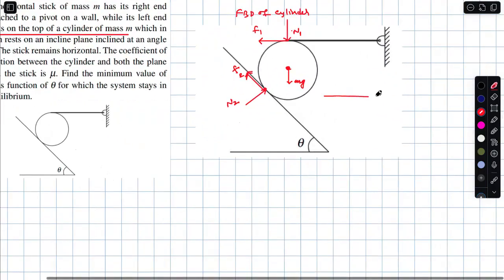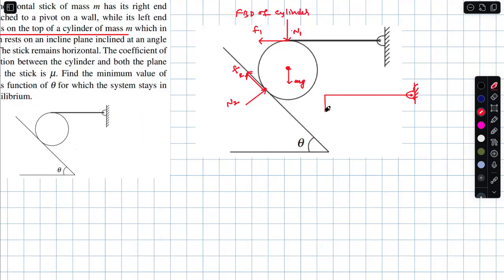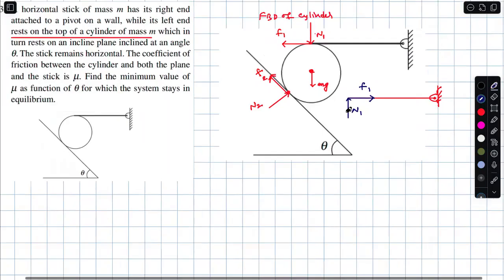Similarly, the free body diagram of the hinge. Is this a light stick?